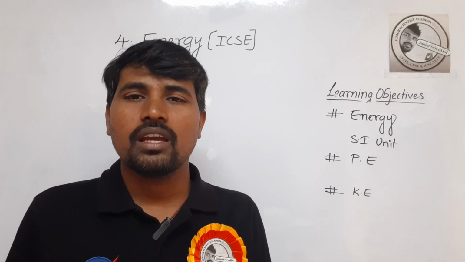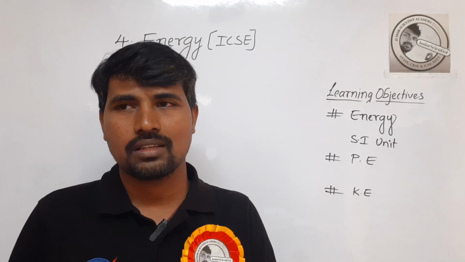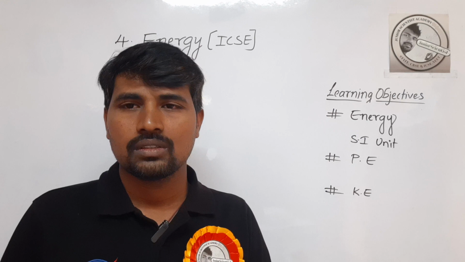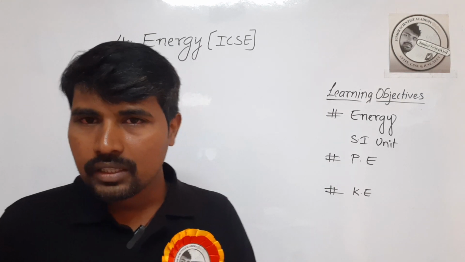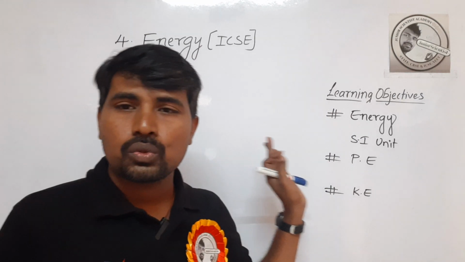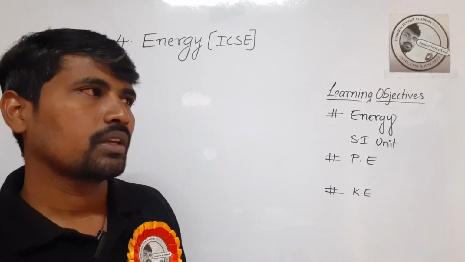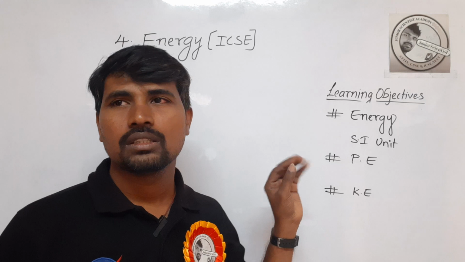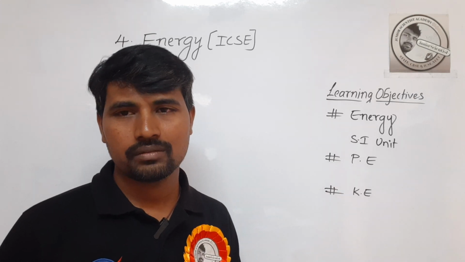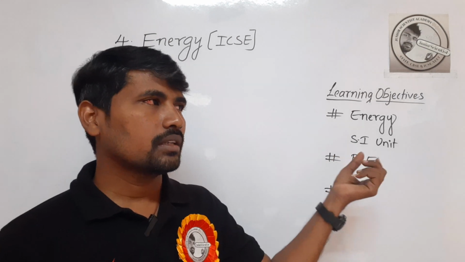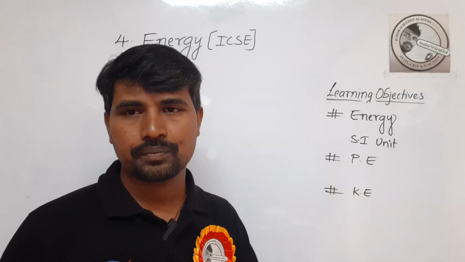So that's why he is unable to do the works. He is unable to stand, unable to walk. Here the capacity to do work is nothing but energy. Without energy, no work will be done. Here energy means the ability to do work.